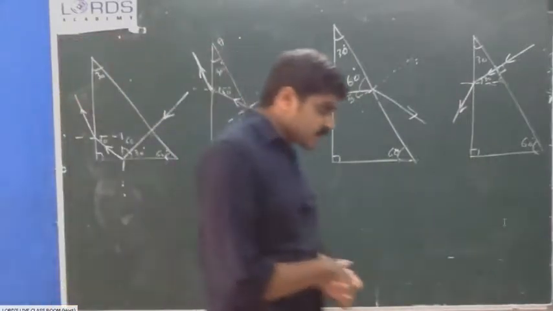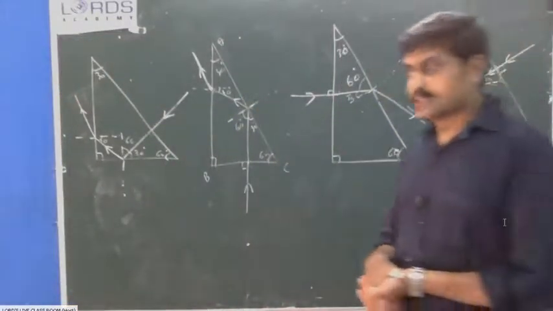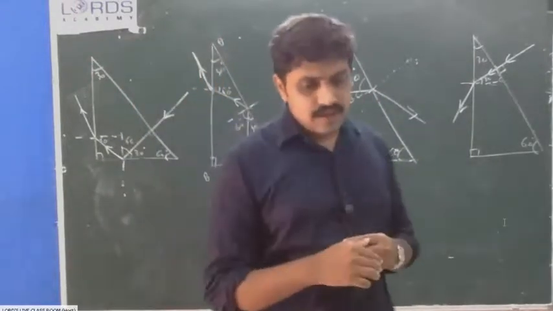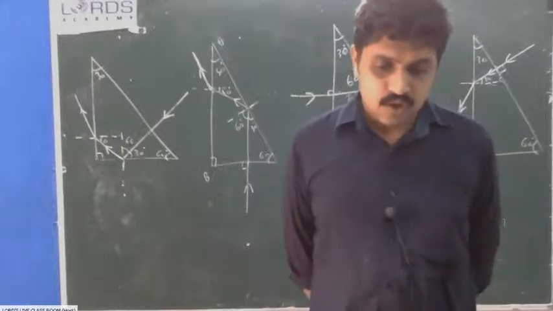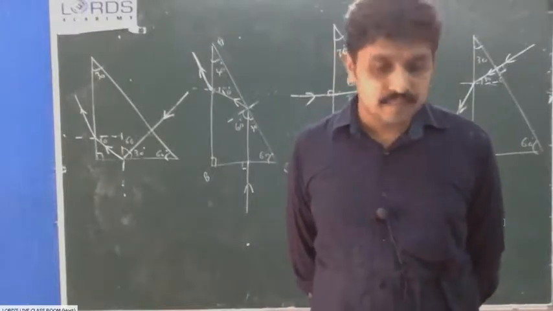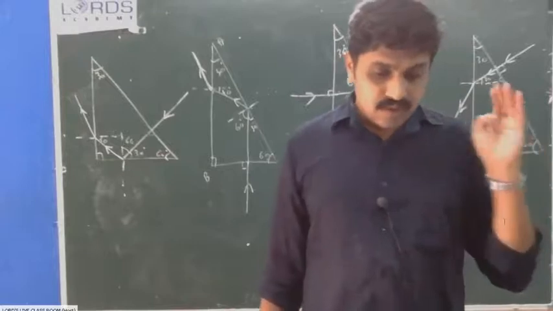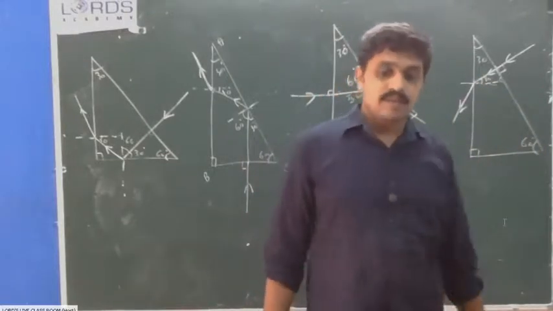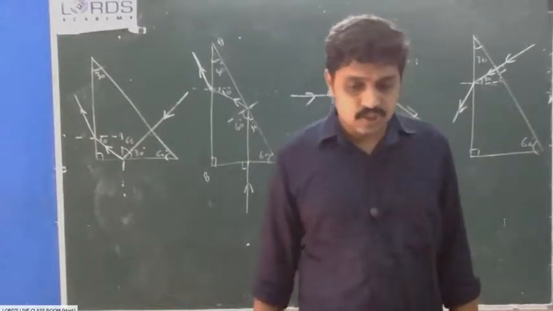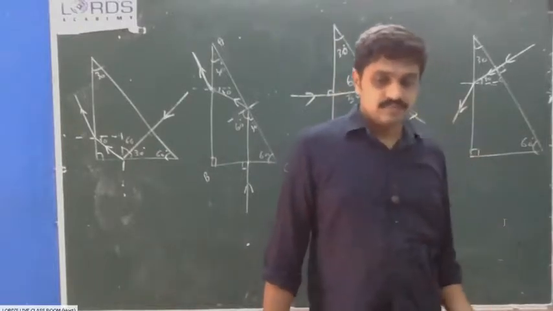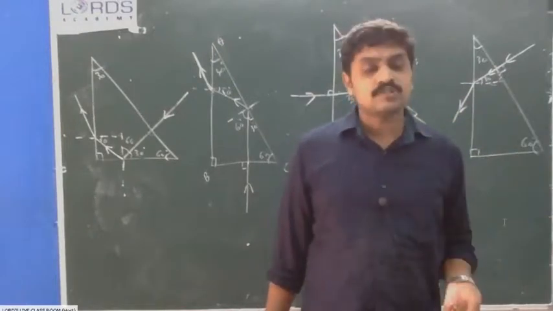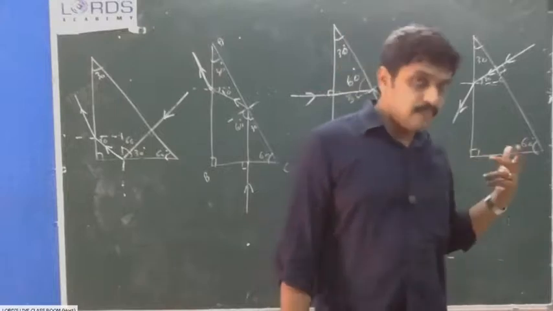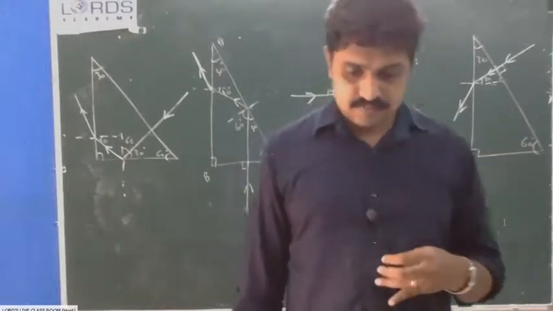If we compare total reflection and reflection from a plane mirror, in total reflection the entire light gets reflected, but in a plane mirror a part of the light is reflected, and a few portions are refracted and absorbed by the mirror itself.